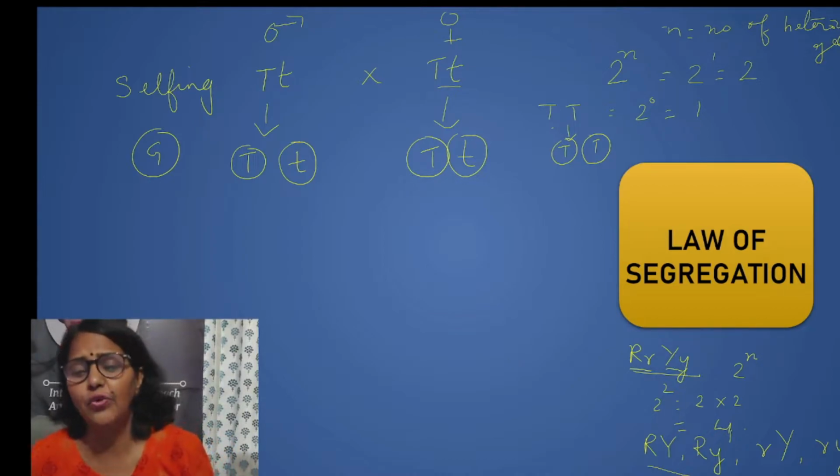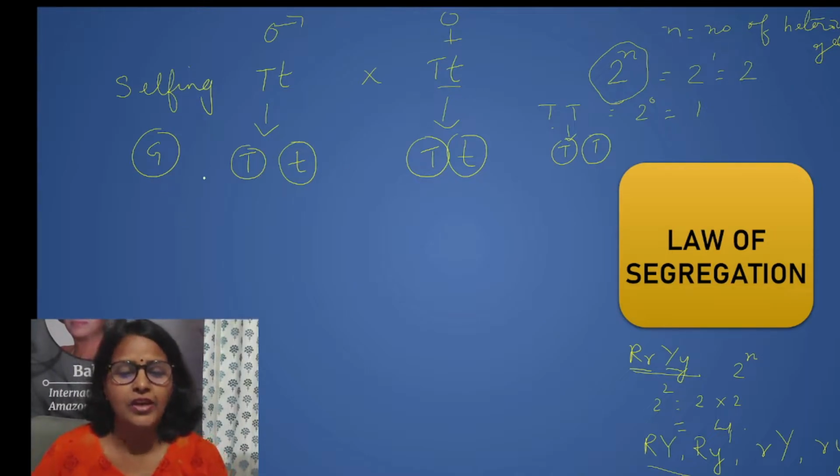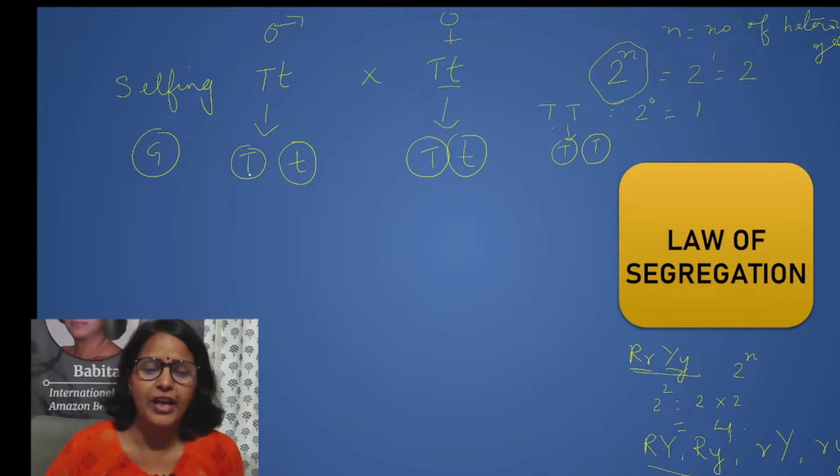So this is the formula for finding out how many different types of gametes will be formed when we are doing any cross. Two different types of gametes had to be formed, and we have 2 different types of gametes. Now what will be the F2?